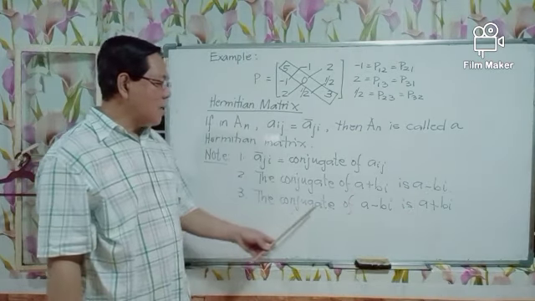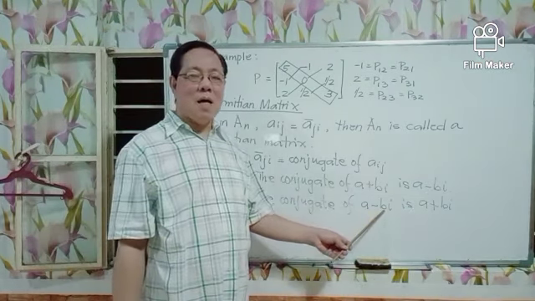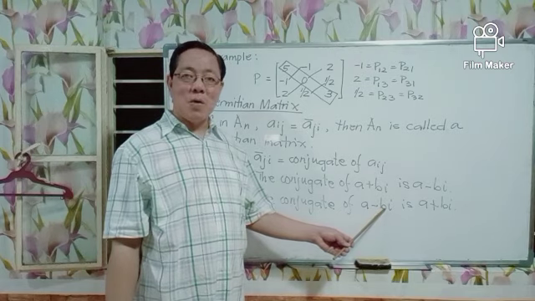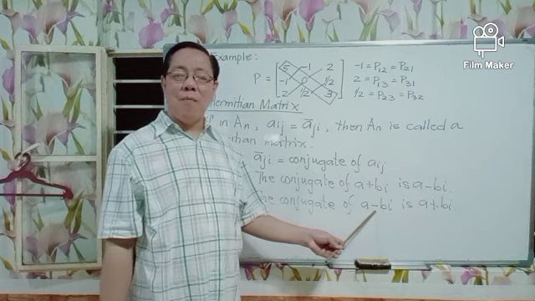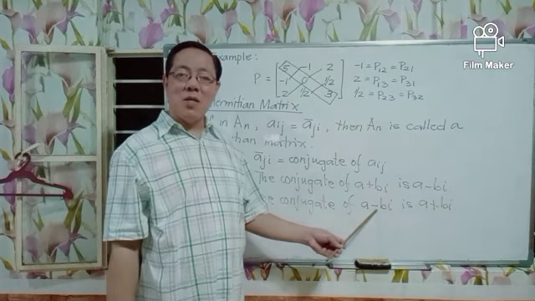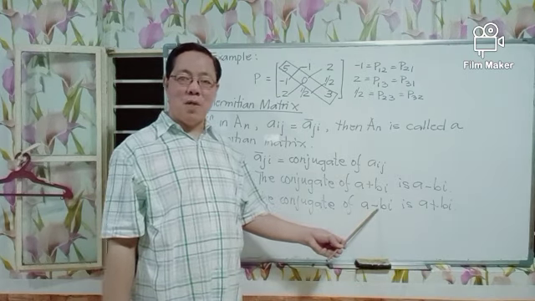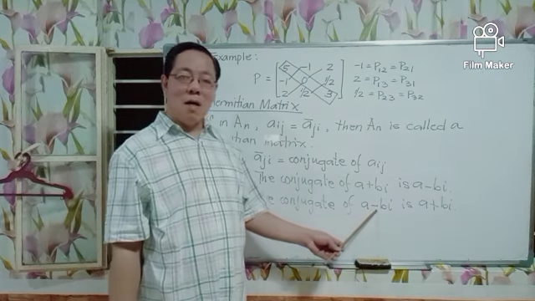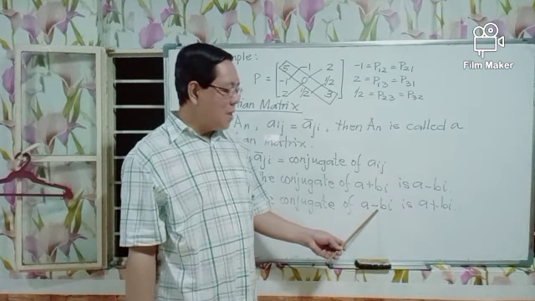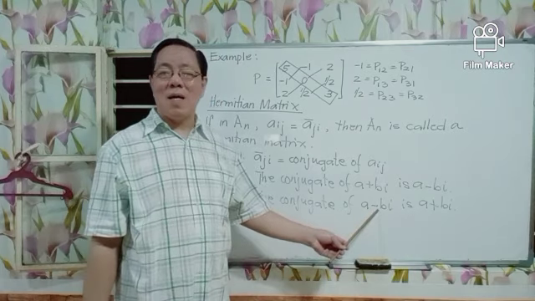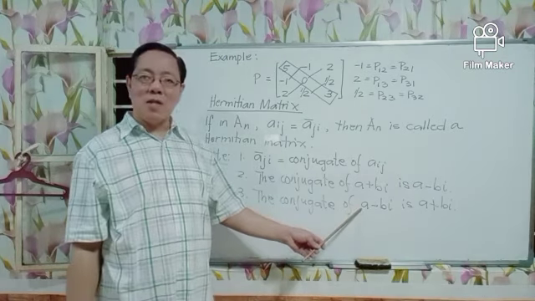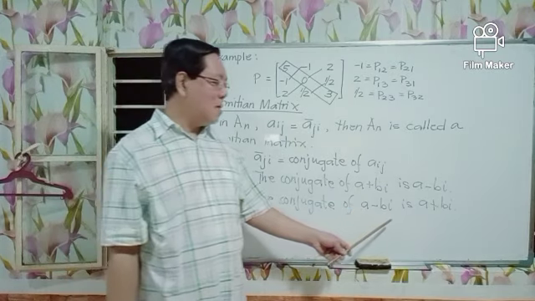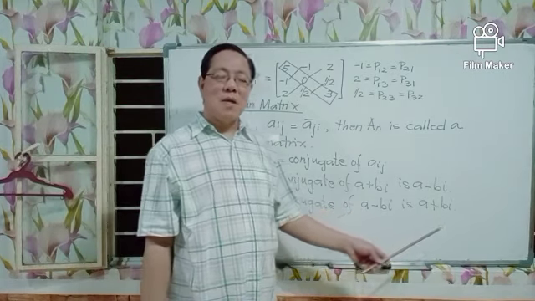The conjugate of a minus bi: again we find the conjugate of the complex number by taking the opposite sign of the imaginary part. In this case, the sign of the imaginary part is negative and its opposite sign is positive. Thus, the conjugate of a minus bi is a plus bi.